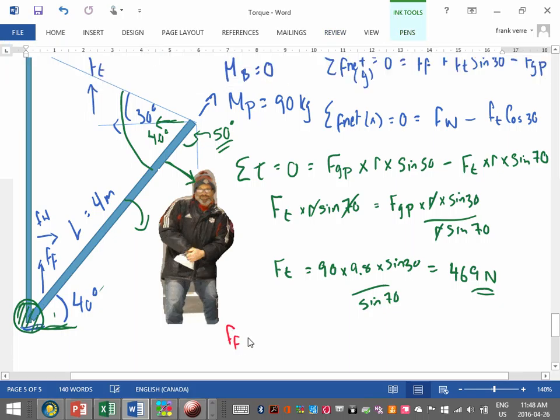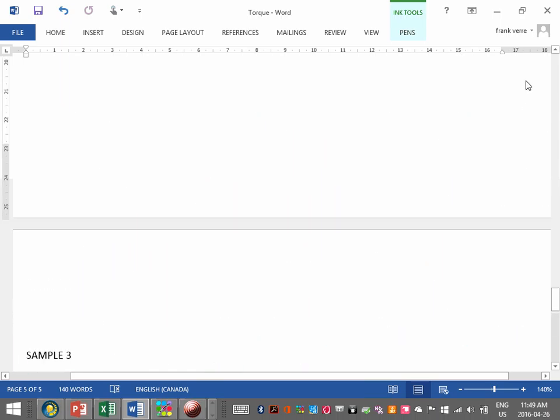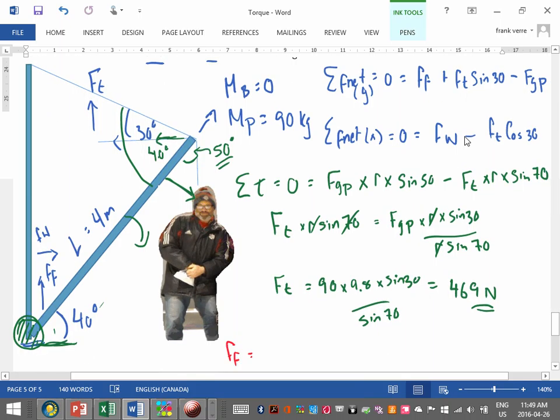If we look at this equation up here and move these two components to the other side, it would be this minus this, because this will become positive on the other side, and that will become negative.